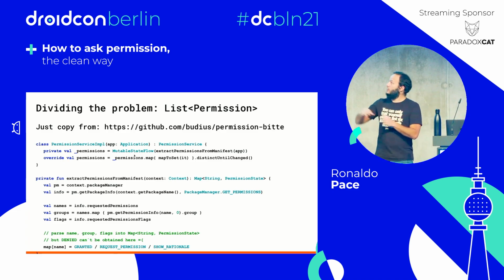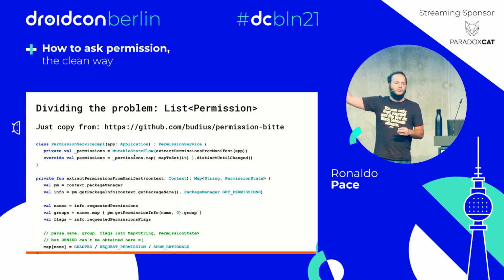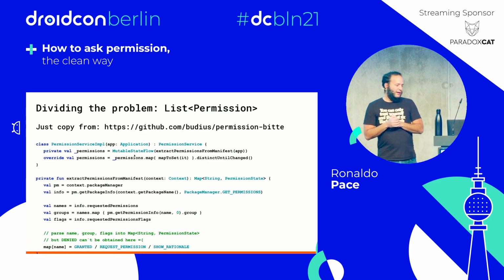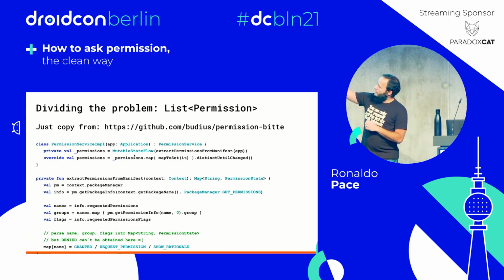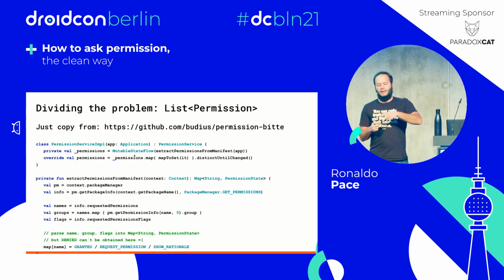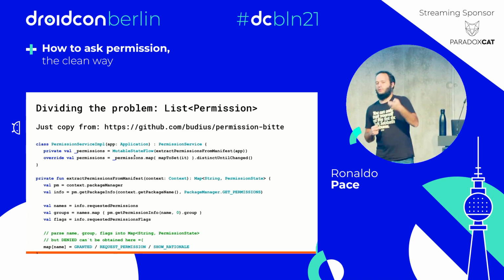And then you can do a nice little logic. It's an array of strings, another array of nullable strings, an array of integers. You can throw this at another helper method that can be 100% unit tested. And you can extract those three values there: granted, requested, show rationale. I could not find a way to get the denied permanently without actually requesting. And you receive back on the fragment, and only inside that moment you can check should show rationale.